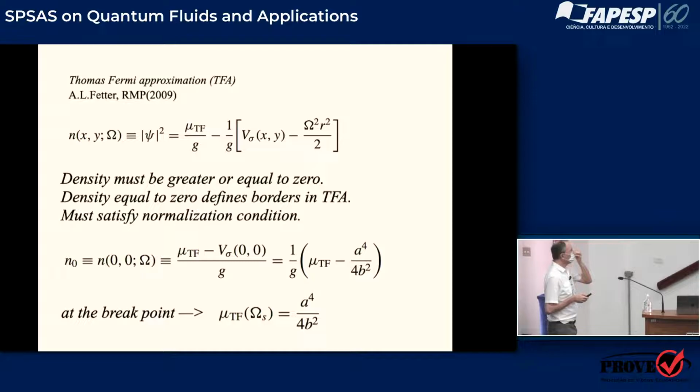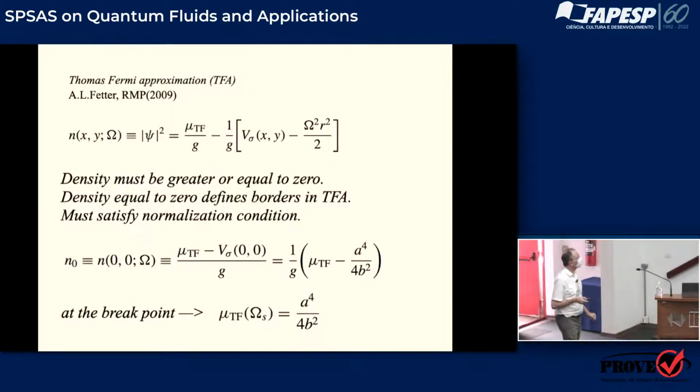So once you have this density psi square, this density must be greater or equal to 0. Of course, density cannot be negative. So density equal to 0 defines the border of the Thomas Fermi approximation, because once it is 0, it defines the place where on one side you have no condensate and on the other side the condensate starts. And this must satisfy the normalization condition.